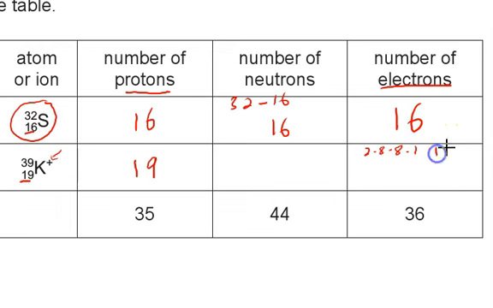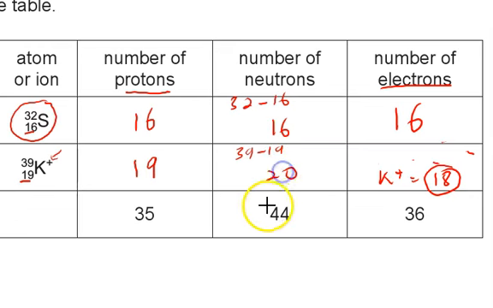Okay, this is 19 for normal potassium. If you have a potassium with charge, it will be donating 1. So here you have 18, the answer. This is just an example, so let me just erase this. Okay, and then for neutron we have to do 39 minus 19. Here you'll be getting about 20.